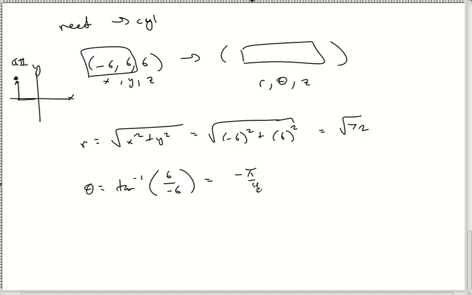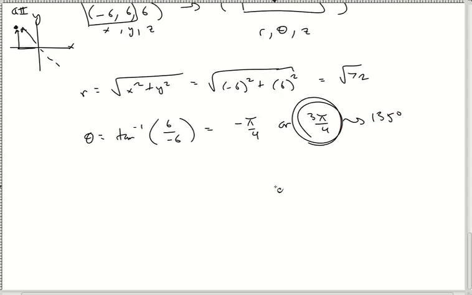So does that negative pi over 4, that negative 45 degrees, make sense? No, it's actually up here at 3 pi over 4, or you could just say 135 degrees. Okay, so that's the one I really want to use. Again, it's best to draw it and see where it is, and that way you know exactly what to use there.